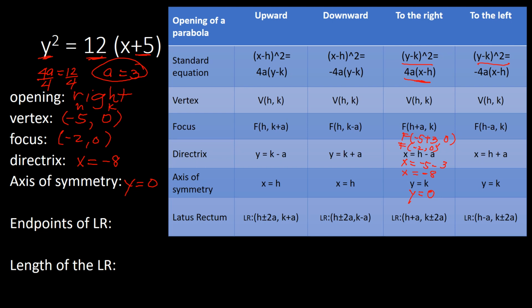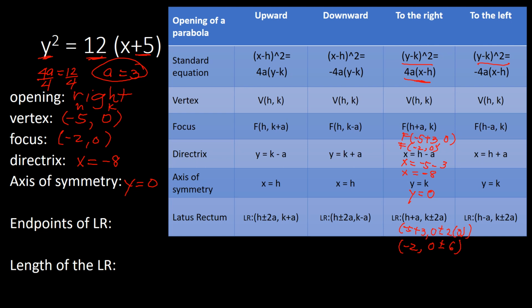So next one, we are going to look at our endpoints of the latus rectum, in which we have h plus a, wherein h is negative 5, and then plus a, which is 3, and then comma, our k there is 0, plus minus 2 times a, which is 3, and then simplify. So this is now negative 5 plus 3, that's negative 2, and then we have 0 plus minus 2 times 3, that's 6.